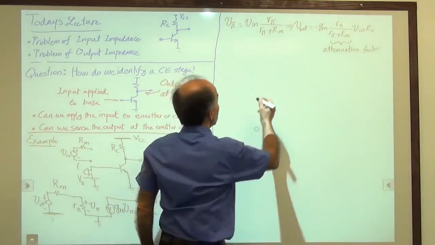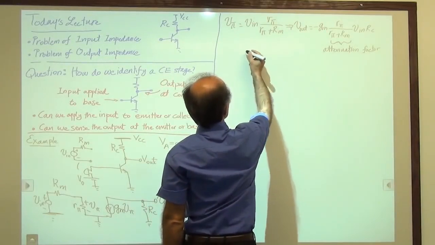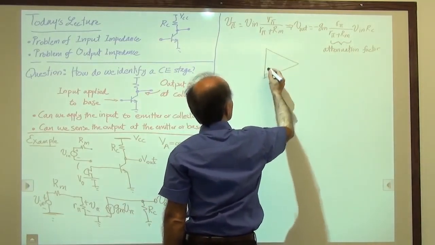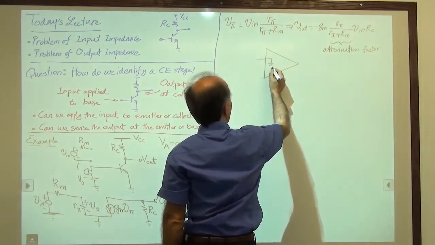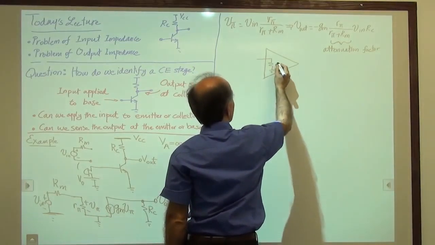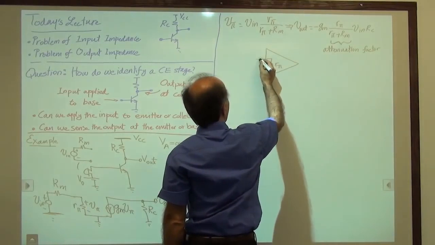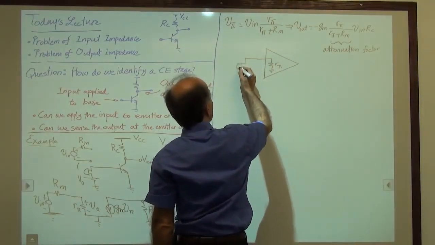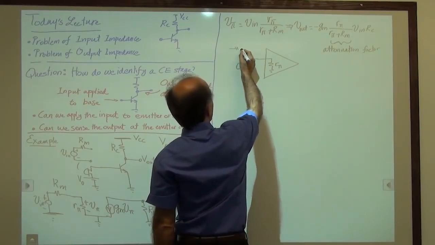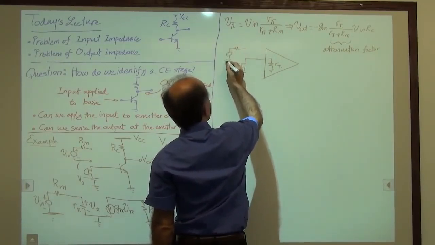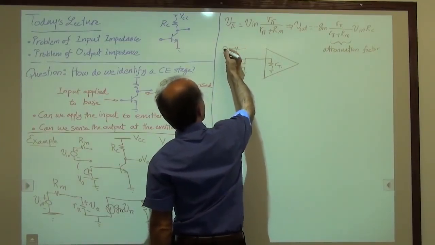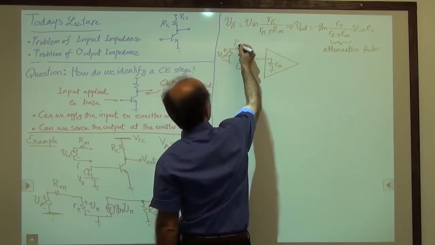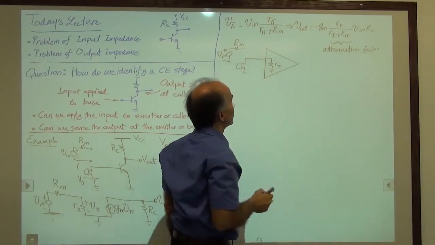So what we are looking for is something like this. We have some sort of amplifier which happens to have some resistance in here, R pi, and we are driving it by some sort of microphone: a voltage source and some sort of internal resistance.